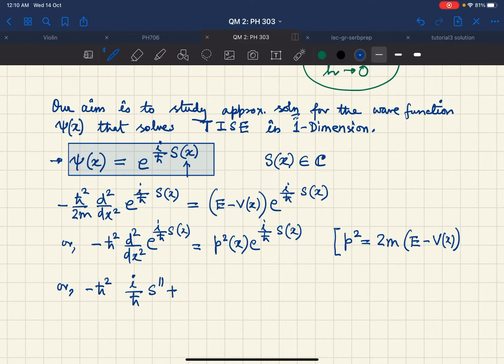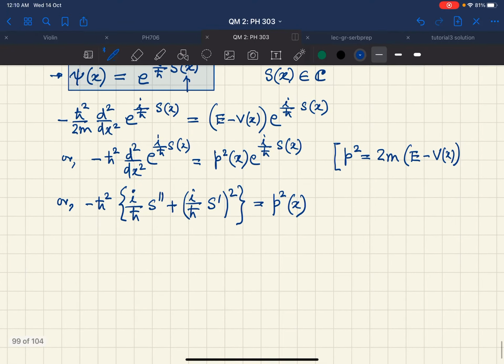So this will be i by h bar s prime of x whole squared, and of course there will be this whole phase factor sitting outside, but that will be cancelled with this e to the power i by h bar on the right hand side. So this is nothing but p squared of x.